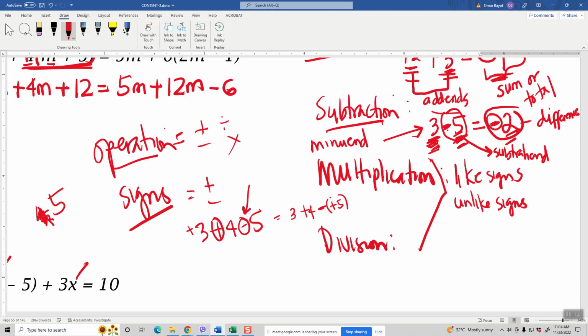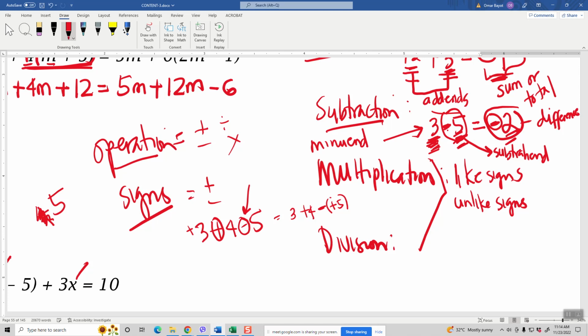So maybe I will give you a worded problem. Like for an instance, if I'm going to have this problem in this way: Find the difference if the subtrahend is 5 and the minuend is 3. If you do not know those terms, it might be interpreted as 5 minus 3 or 3 minus 5, and you are confused.